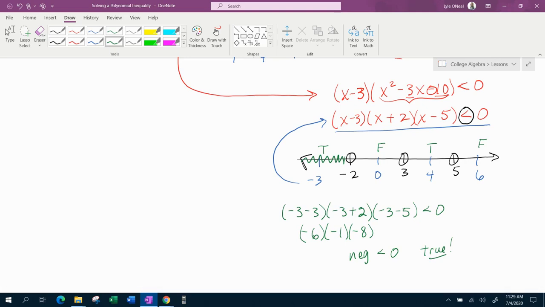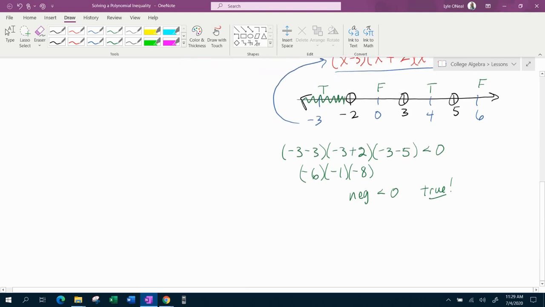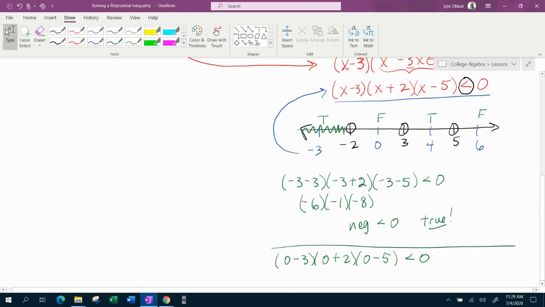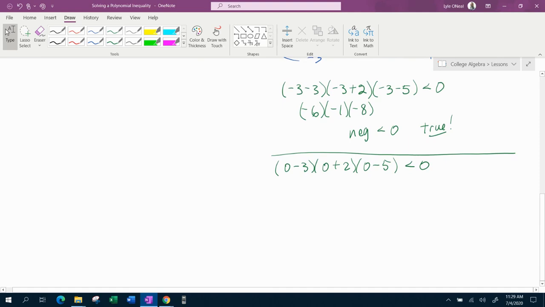Okay, so then we're going to check 0. And to do that, we're going to go 0 minus 3, 0 plus 2, 0 minus 5. So again, do you see what I'm doing? I'm taking the 0 and plugging it in for each x in the factored form of the inequality. And then we're going to check to see if this is true or false.